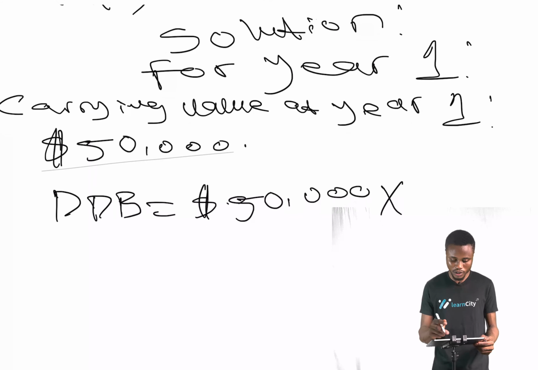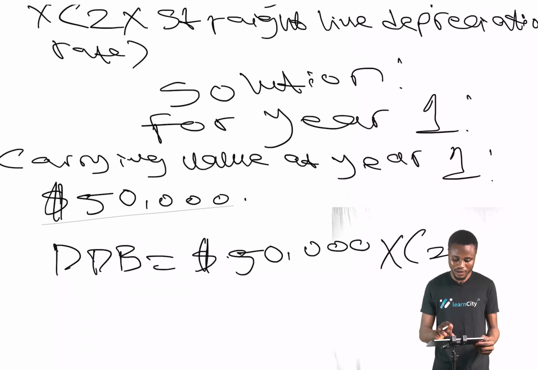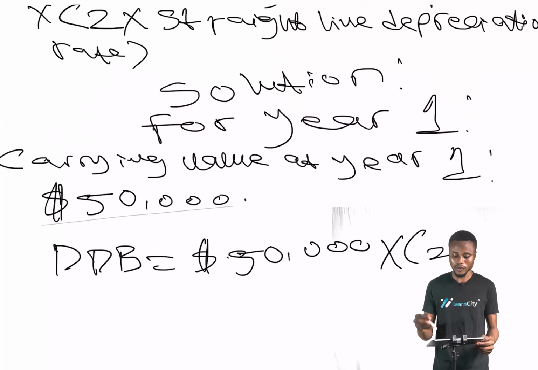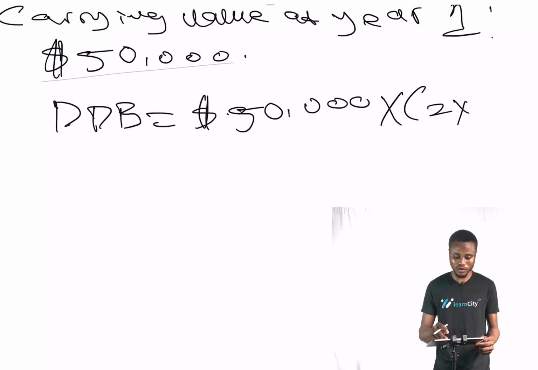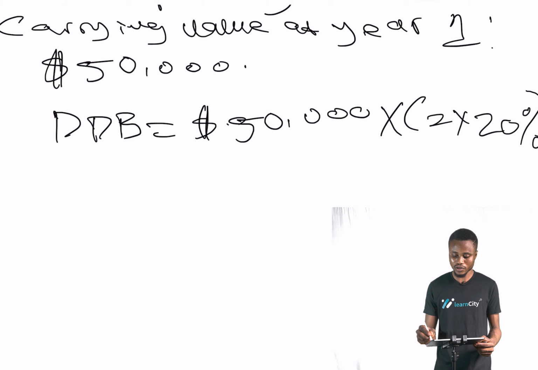You multiply it by 2 multiplied by the straight line depreciation rate, which is according to what is given in the question, which is 20%. So you close the bracket.